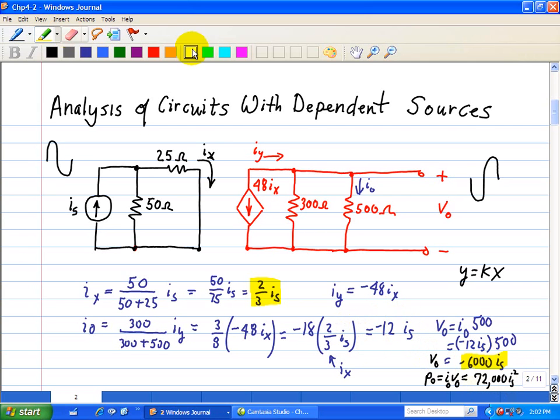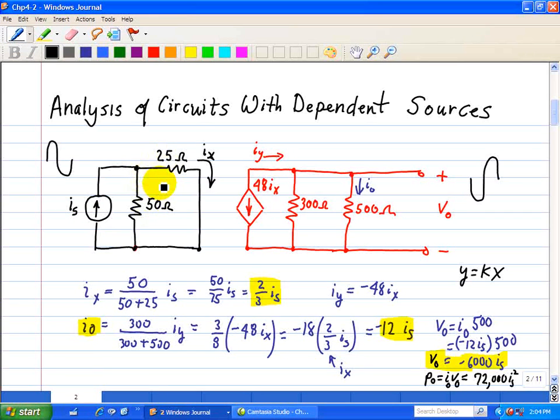Let me highlight that. There's IO and there's VO. When you take these two equations that are highlighted, we can find our power, and it turns out to be 72,000 IS squared.